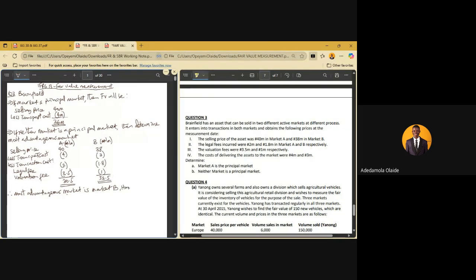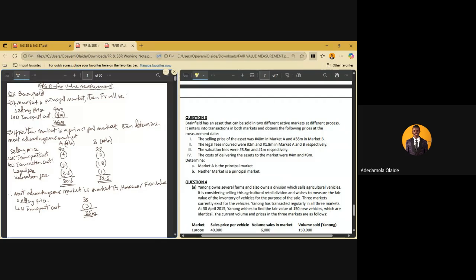However, if market B is the most advantageous market, then the fair value in market B will be: selling price, 38 million, less transport cost of 3 million, which gives us 35 million.